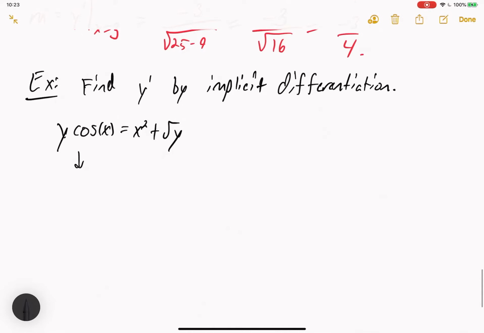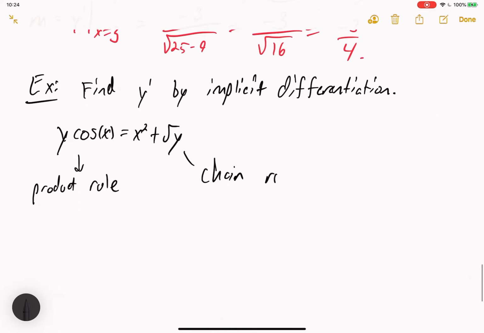So here we'd have to use the product rule. Here we'd have to use the chain rule. Because remember, we're going to treat y like a variable, but it's more of a chain rule. So remember, with the chain rule, we treat the inside as a normal variable, and then we take a derivative of the inside, but our derivative of the inside is equal to dy/dx.